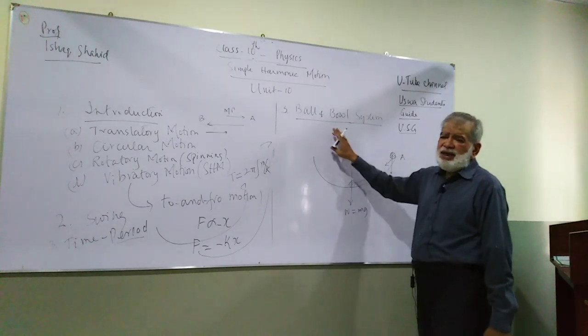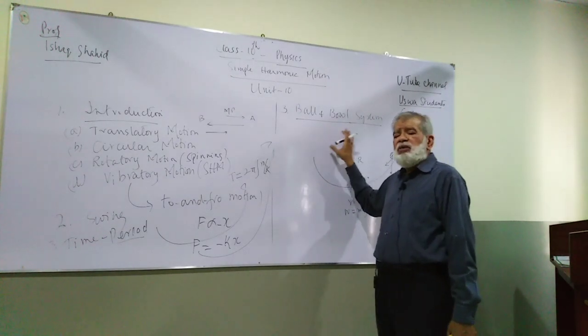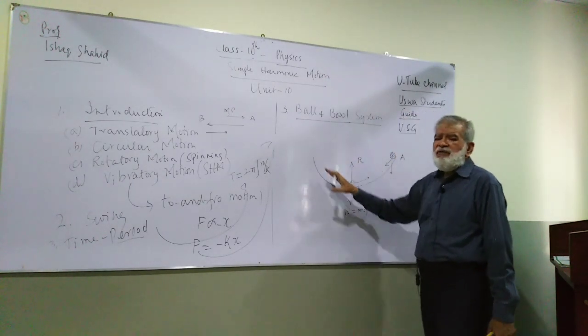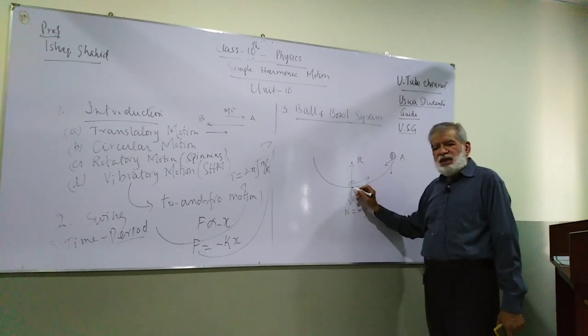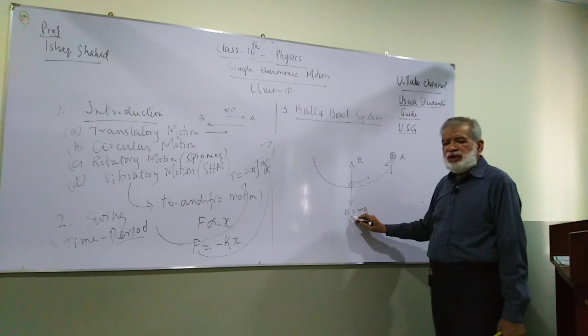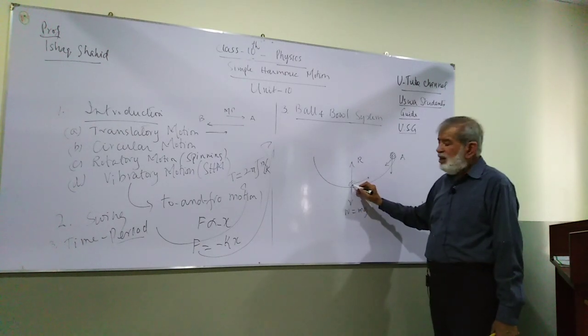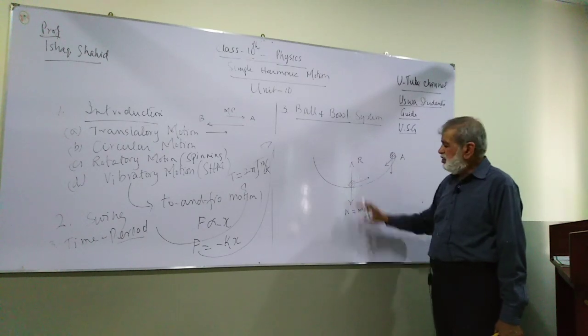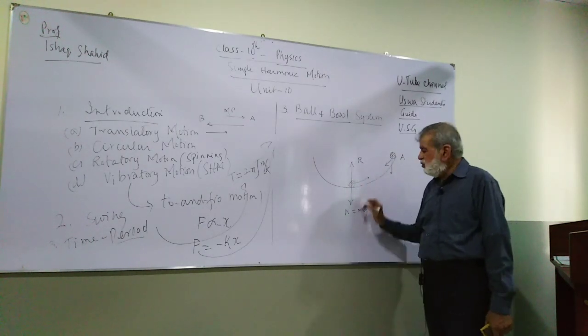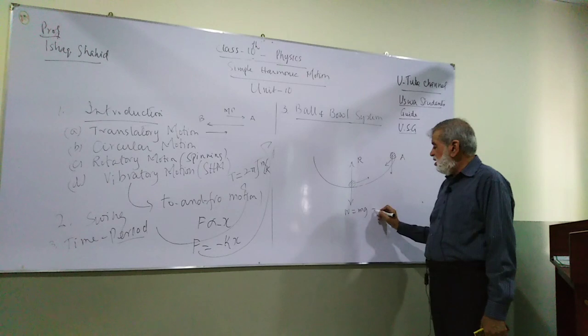Now we take the second example, a ball and bowl system. We put a ball at the center. The weight of the ball is acting vertically downwards and the reaction R in the upward direction. Since no motion is taking place over here, the weight is balanced by R.